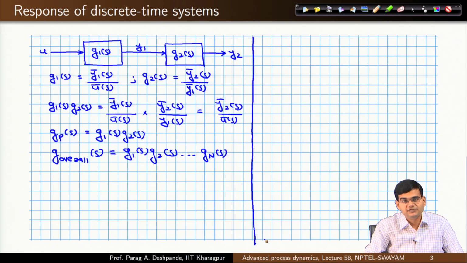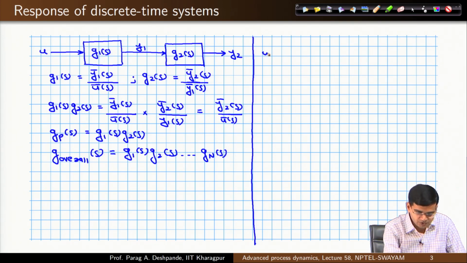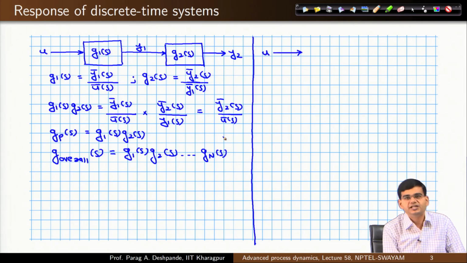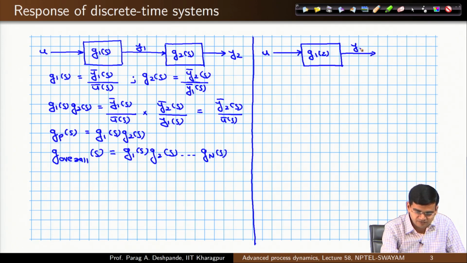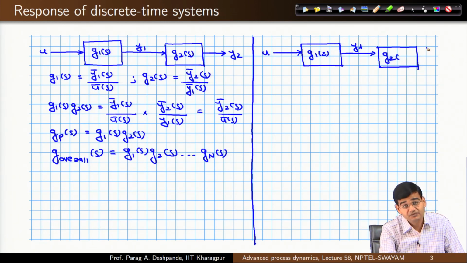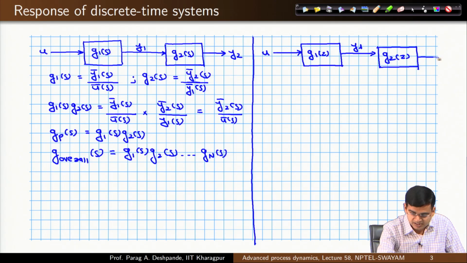Well, now I can make an analogous case on the right hand side for a discrete time system. You have u, which is discrete now, is fed to the system which has a transfer function g 1 of z, which acts as an output, the discrete output y 1, fed to the second pulse transfer function g 2 of z, which gives you the discrete output y 2.